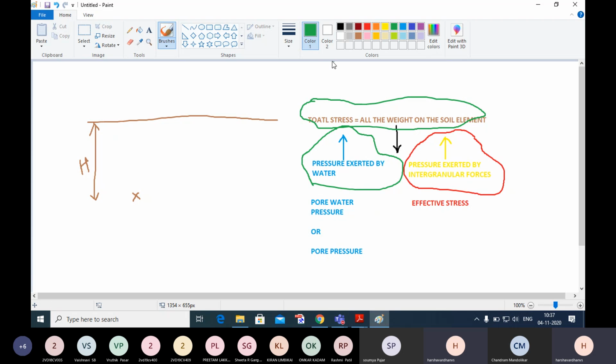Always remember, total stress is equal to effective stress, denoted as sigma dash, plus pore pressure. So to determine effective stress, sigma dash is equal to total stress minus pore pressure. This is the basic principle of effective stress.